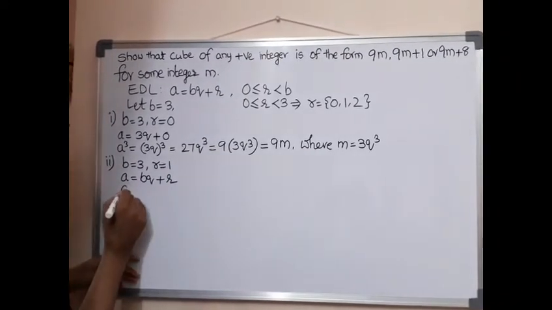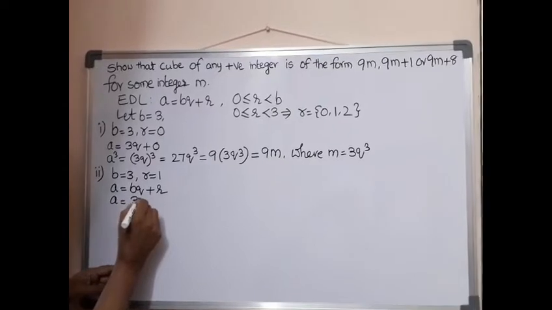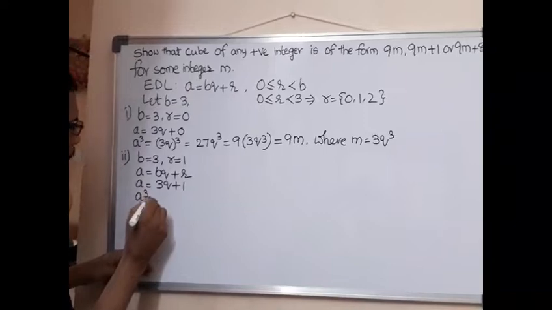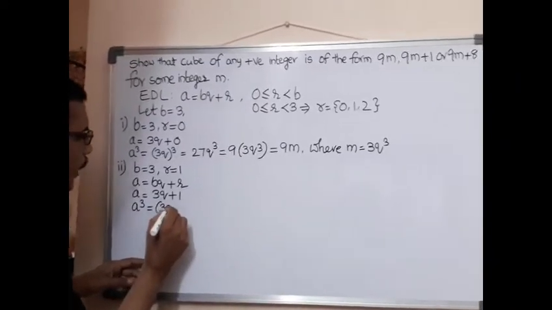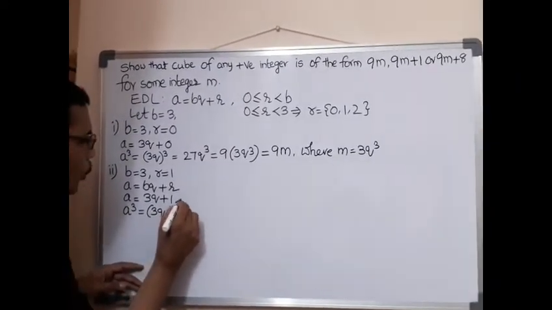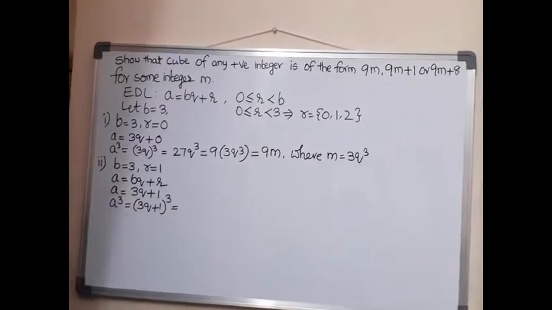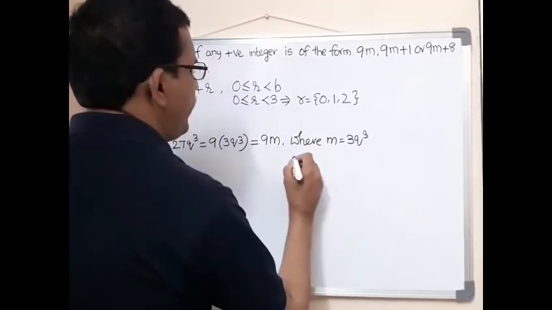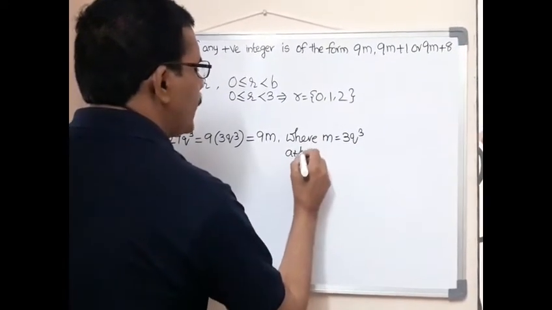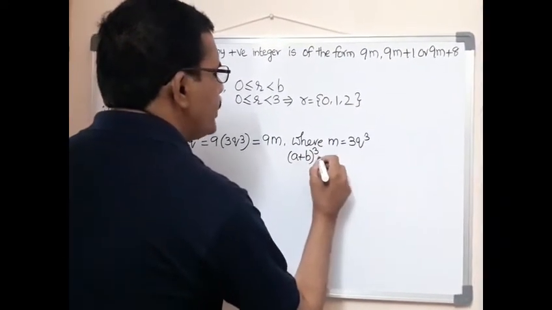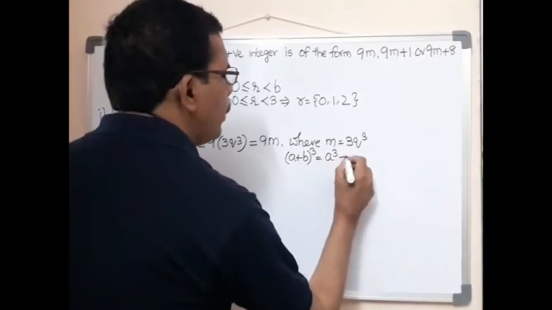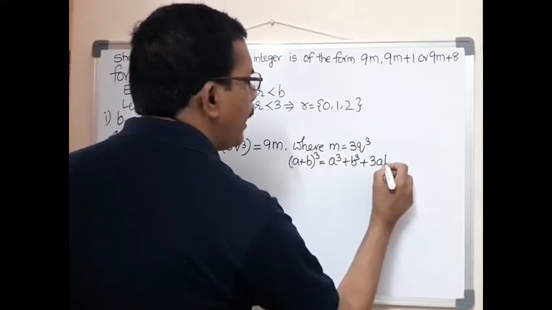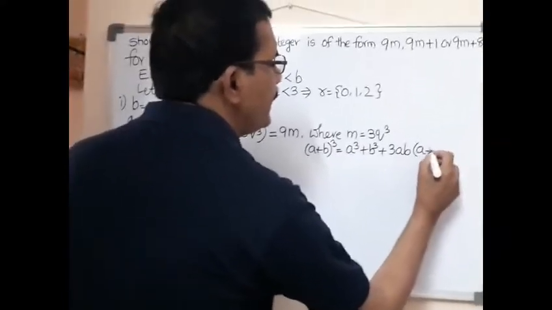A is equal to 3q plus 1. A cube is equal to 3q plus 1 whole cube. It is in a plus b whole cube form. So here I am writing the a plus b whole cube formula. A plus b whole cube is equal to a cube plus b cube plus 3ab of a plus b.